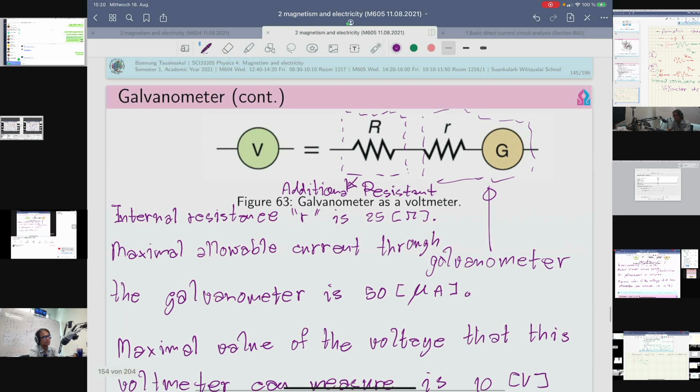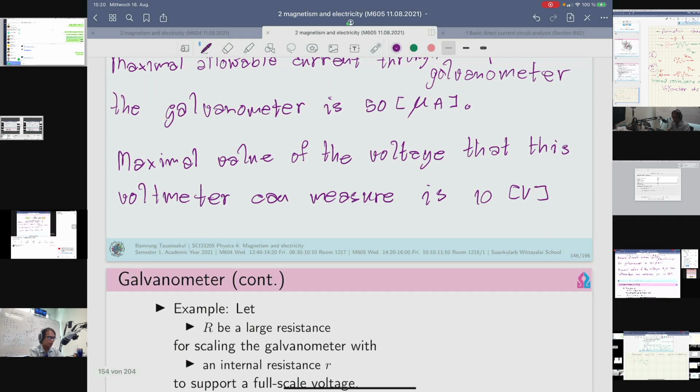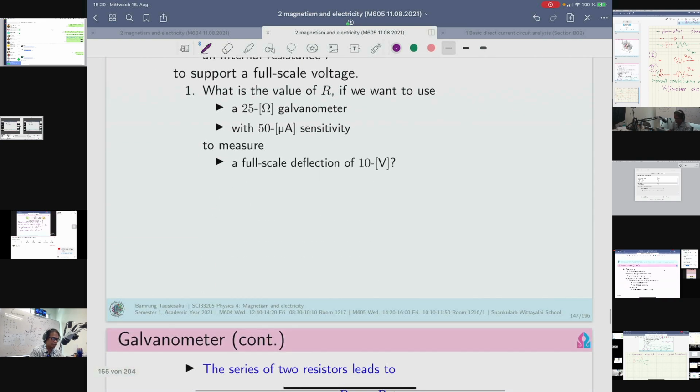That's the meaning from the text in this question.